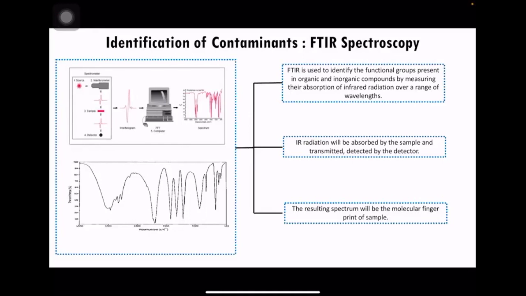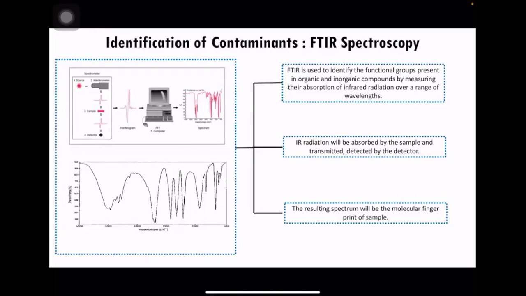The IR radiation will be absorbed by the components in the sample, and it will be transmitted and detected by the detector. So the resulting IR spectrum will be the molecular fingerprint of the sample, which means we are going to have an idea about what type of compounds are present in the polluted river water sample from the IR spectrum.